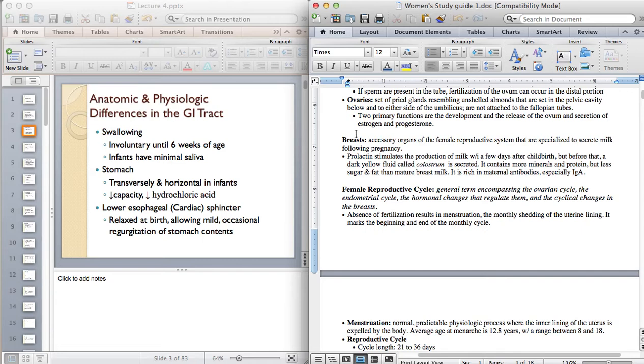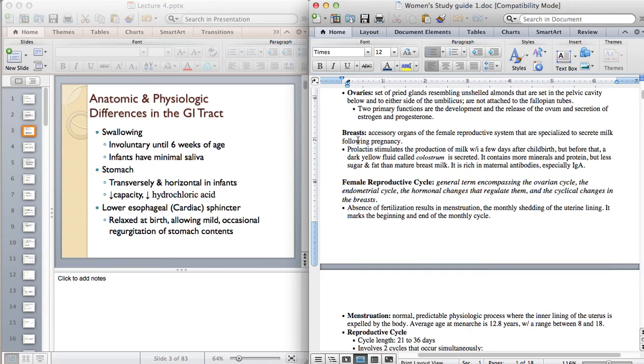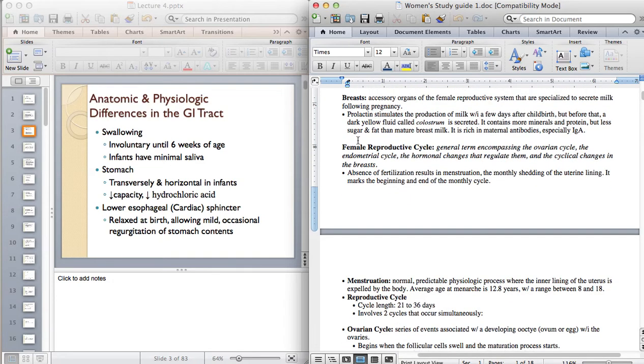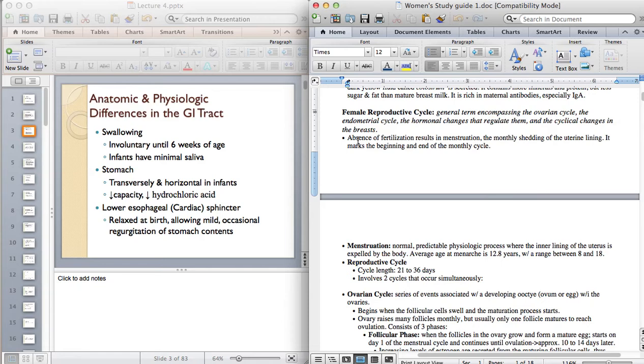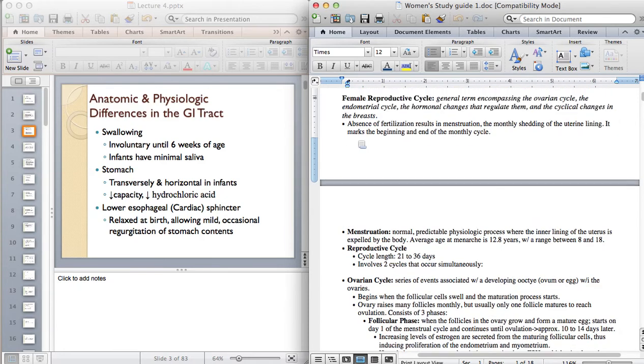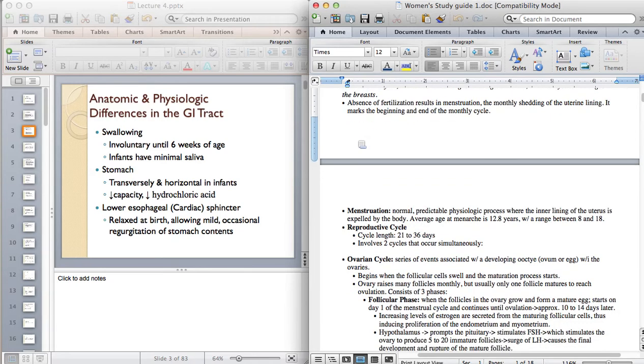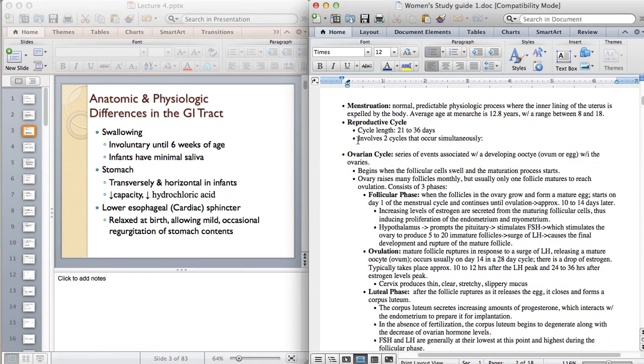And in both the intra and extracellular fluid, we have electrolytes that are present in those fluids. For example, in the intracellular fluid, we have the potassium, we have the magnesium, we have the phosphorus, and we have the sulfur, all within the cell, and that will be intracellular fluid.